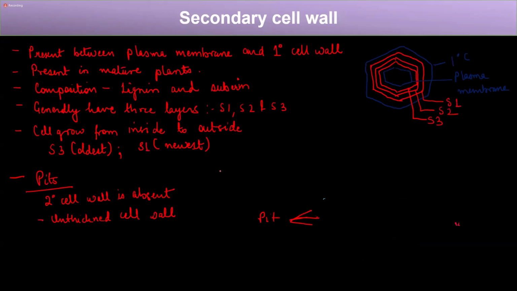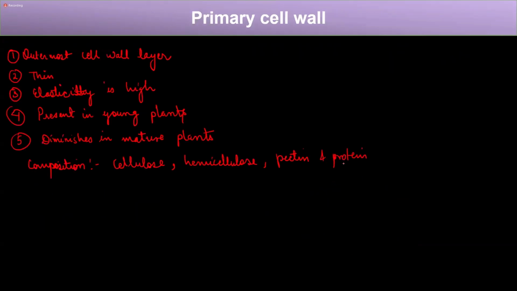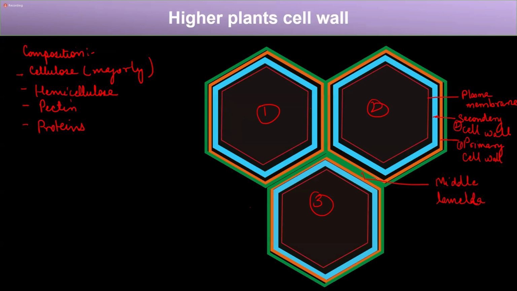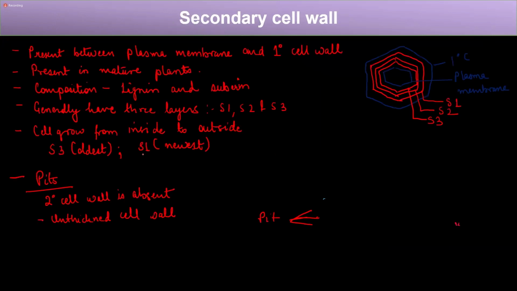If you remember from the figure, the middle layer is the one that is connecting the two cells together, right? So what can you write about the middle lamella? It acts as a cementing layer.